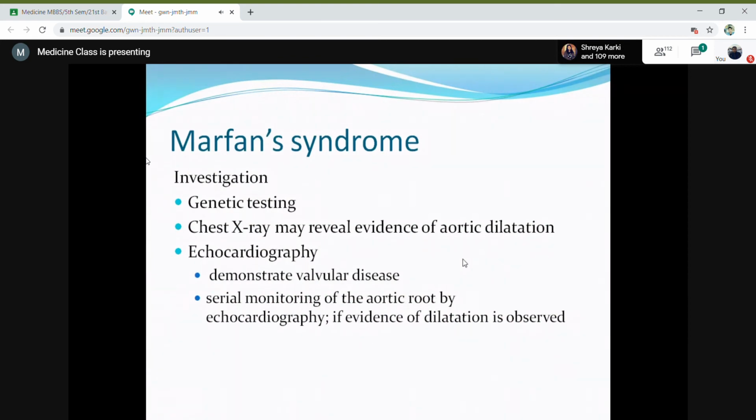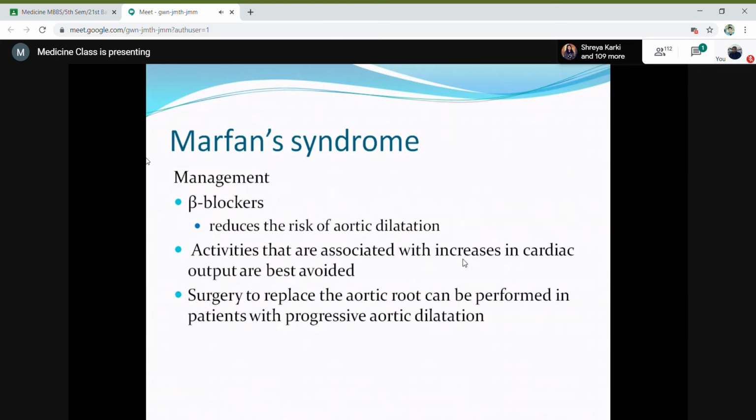For management, beta blockers are used to reduce the blood pressure as well as to reduce the risk of aortic dilatation. Activities that are associated with an increase in cardiac output are best avoided, and surgery is generally done for replacement of the aortic root, which can be performed in a patient who has progressive aortic dilatation.